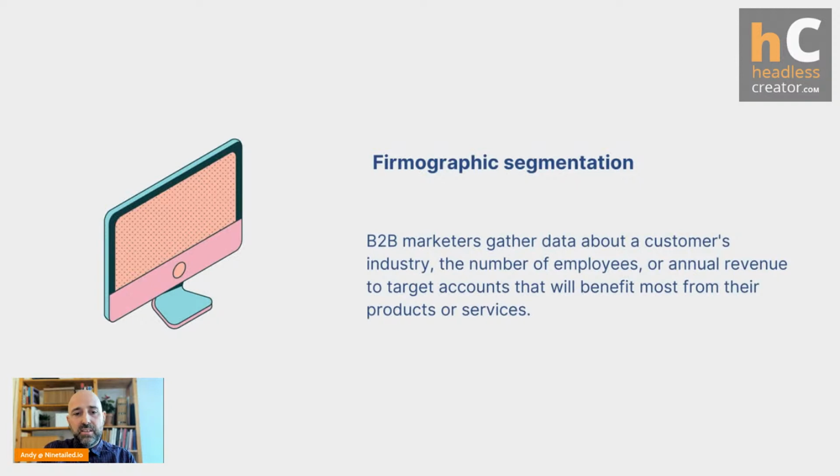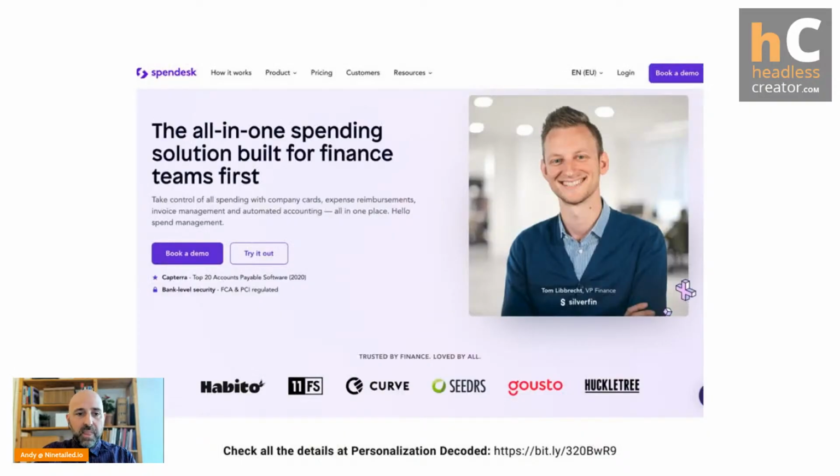We can create different messages, for example, based on the vertical, based on the size of the company, if it's a startup, if it's an enterprise, and so on. In this example, again with details in Personalization Decoded, the experience is based on the vertical. So based on the vertical of the company, different logos are shown, different calls to action, and so on.